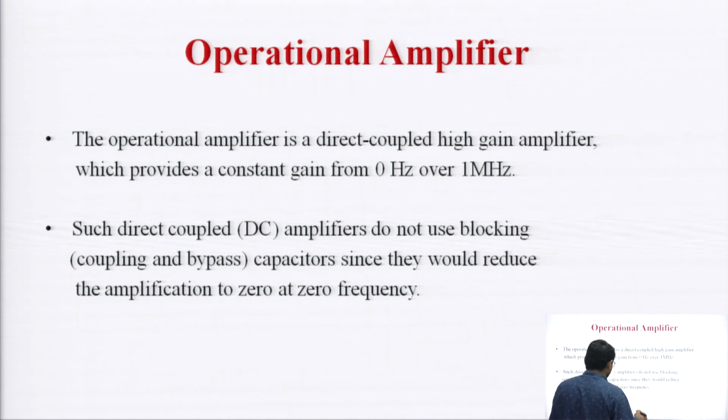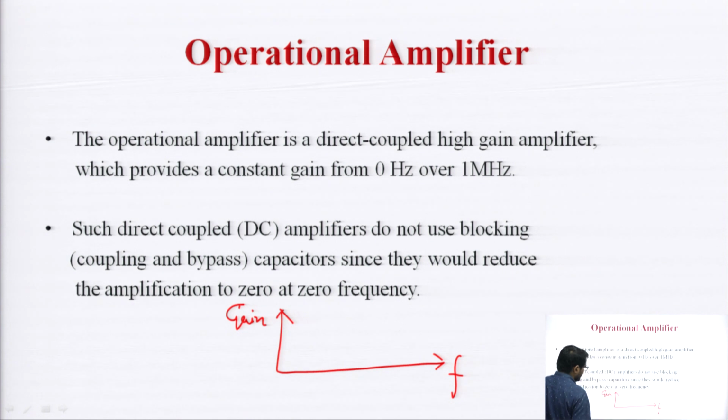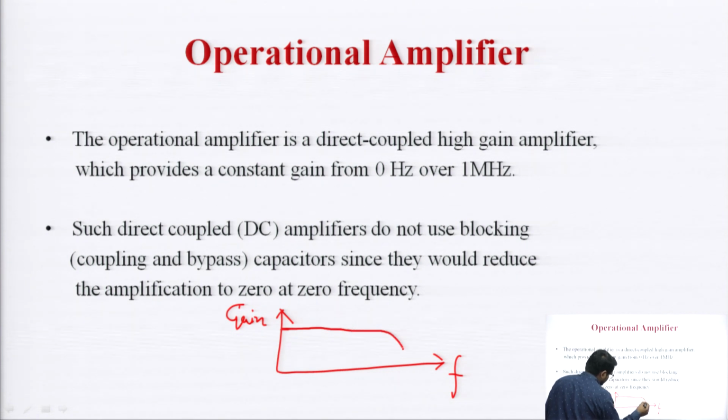It says that if you plot the gain versus frequency curve, that is the frequency response of an operational amplifier, we find a typical graph which starts from 0 hertz and the gain will be constant up to 1 megahertz.